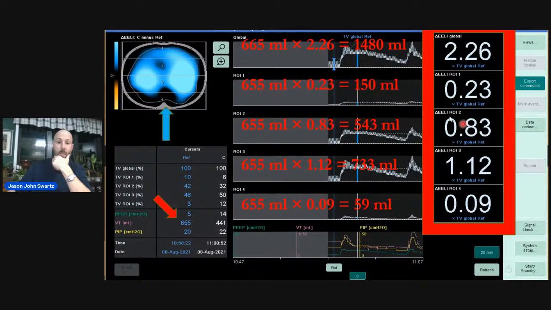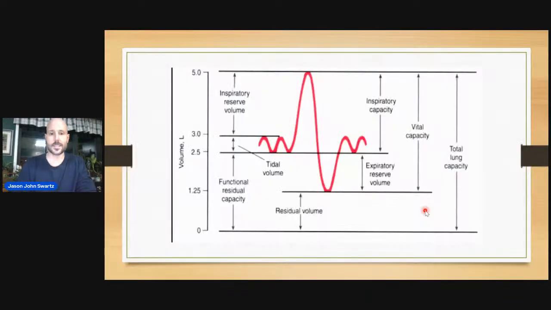And if I multiply this 0.09 times the 655, like it tells me, I increased the dorsal region at the end of expiration, now splinted open with pretty much 59 mLs more of distributed gas.